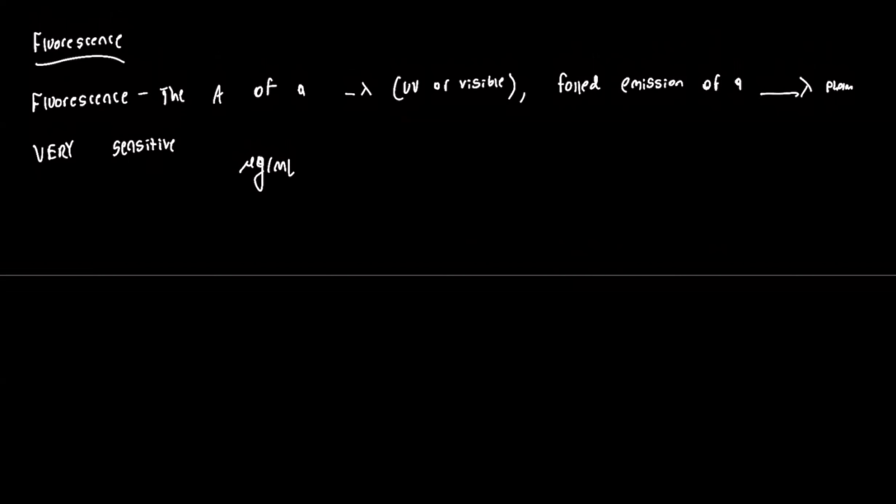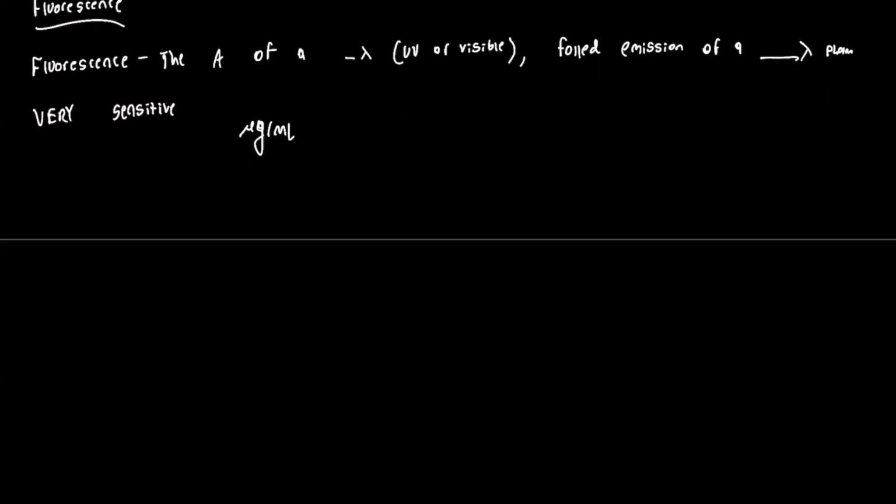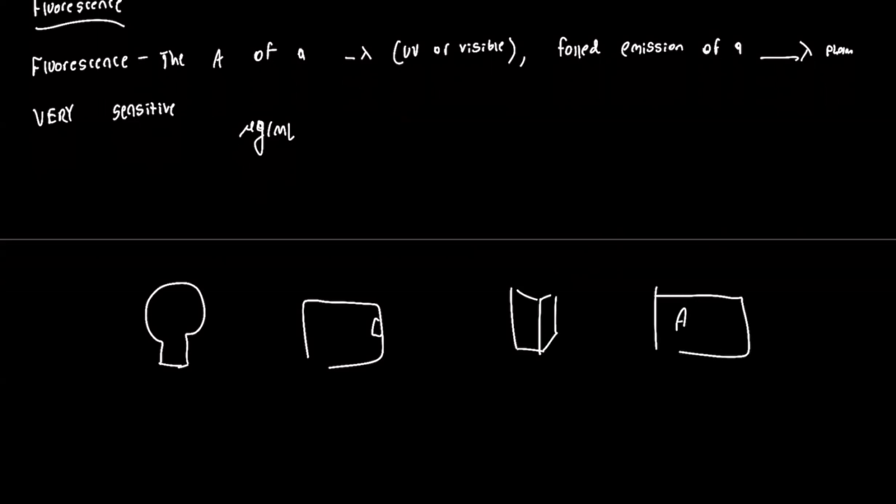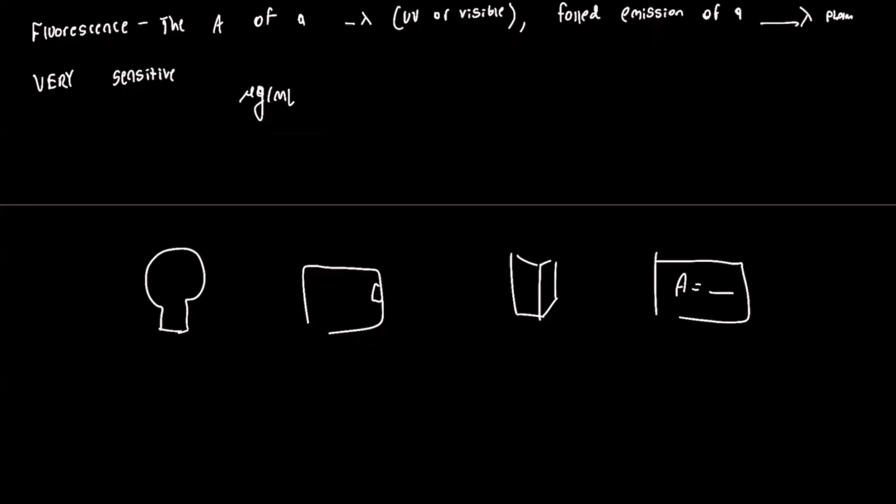And the reason that this method can detect with such sensitivity is because if we have our setup, we have our lamp, then we have our monochromator, the cuvette, and then the detector. Well, if we fluoresce at a different wavelength than what's being put into it, then there's no quote unquote noise to disrupt you from seeing that.